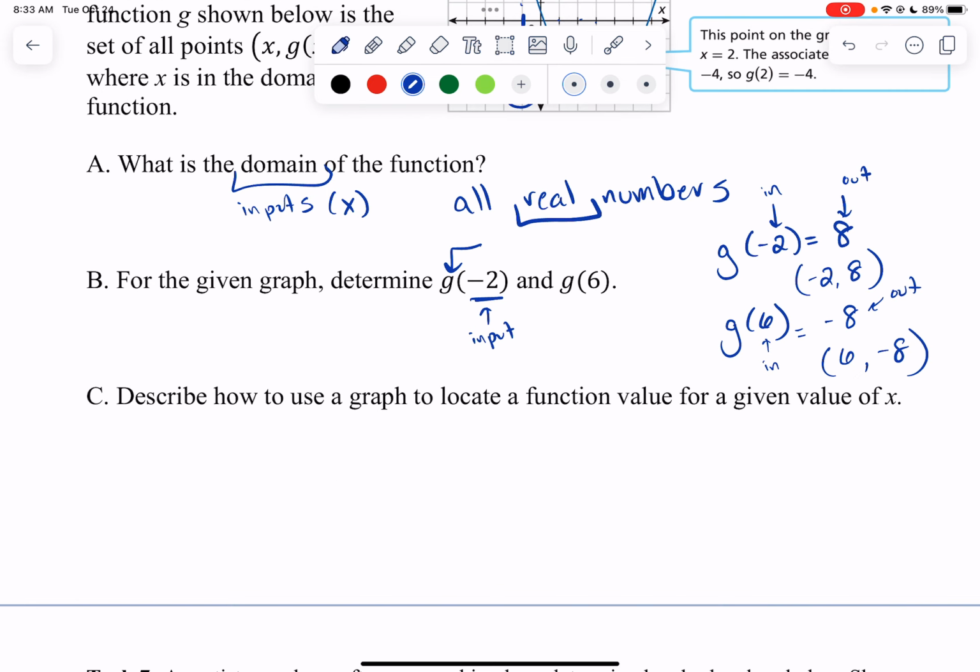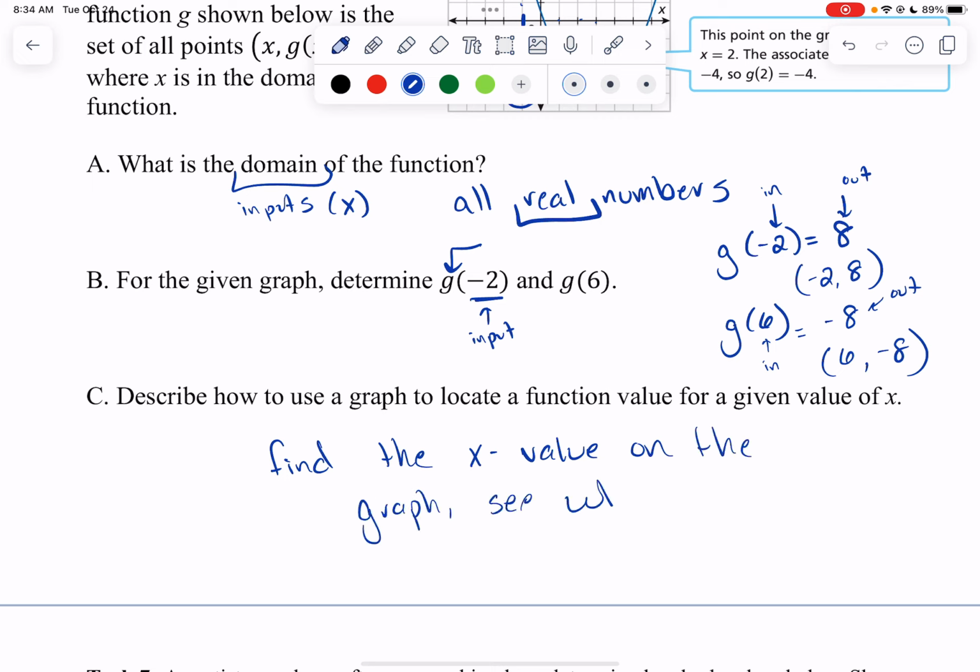So use the graph to find the x value on the graph. See what it maps to. See what y value, or f of x value, it maps to.